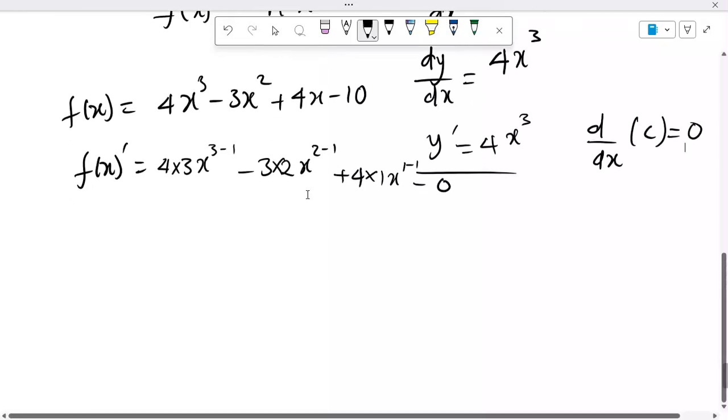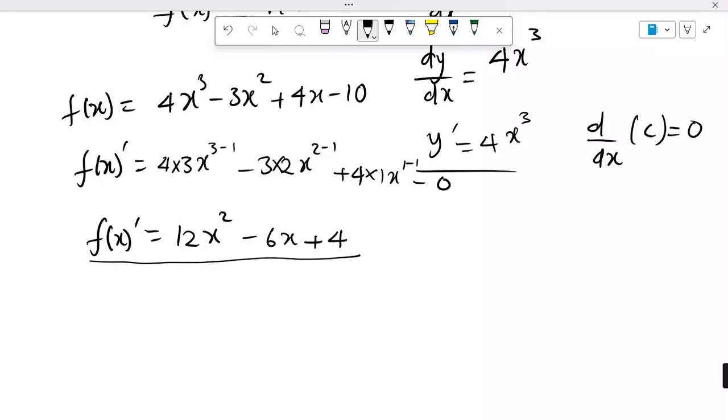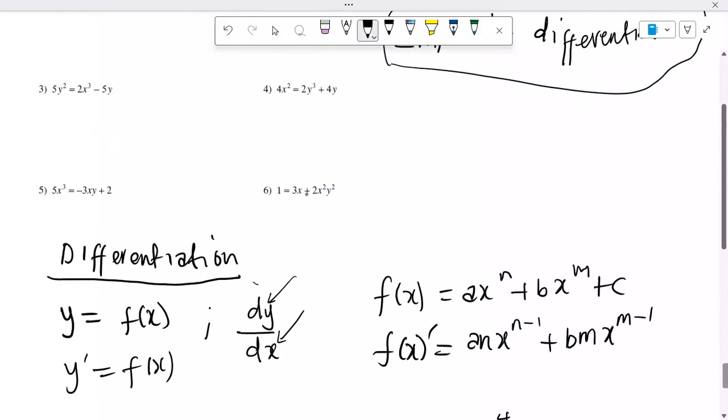So f of x prime equals 12x to the power 2 minus 6x, since 2 minus 1 is just x, plus 4, where 1 minus 1 is 0. X to the power 0 is just 1, since any variable or number raised to power 0 is 1. So this will be just 4, and this is your answer. This is just how you differentiate.